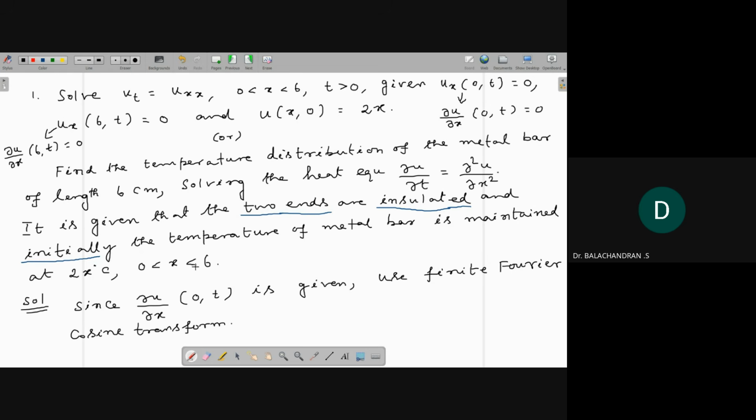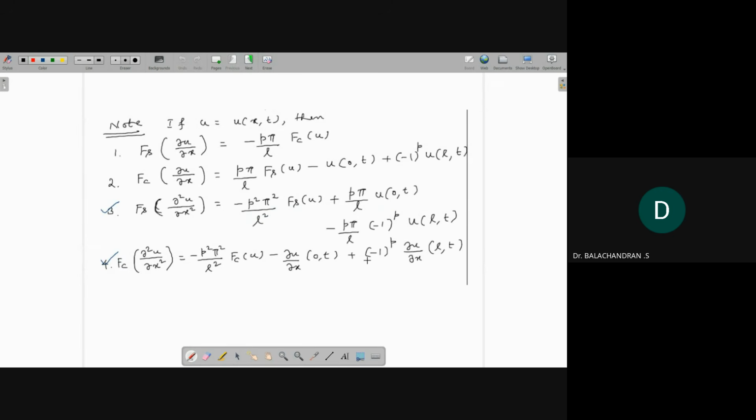Now, since dou u by dou x of 0 comma t is given, as I told in the previous lecture, if dou u by dou x of 0 comma t and dou u by dou x of L comma t are given, we should use the finite Fourier cosine transform.